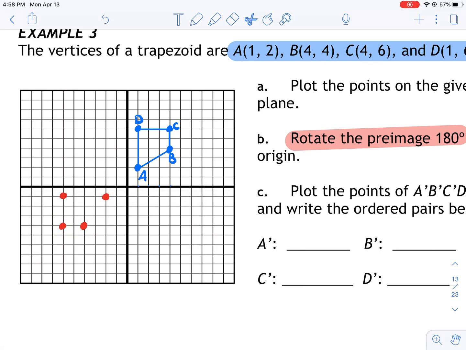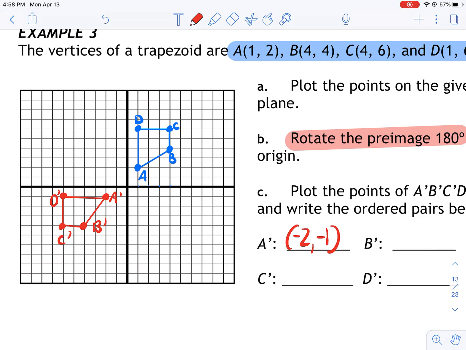Oh, these points, I didn't get them in the right location. These should be down one more. There we go. I thought something was off, that's why I paused for a second. Sorry about that. I think now we're good to go. So connect them, label them. A prime, B prime, C prime, D prime.